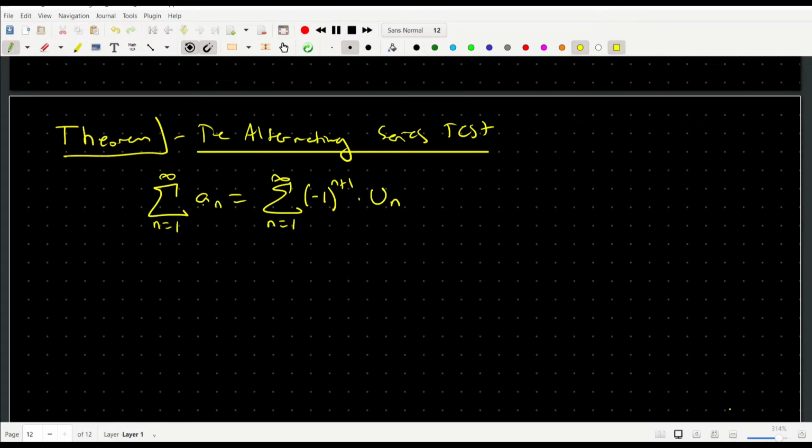So the terms a_n are alternating between positive and negative values in this case. So it'll be u1 minus u2 plus u3 minus u4 plus u5, and so on and so forth, all the way to infinity.